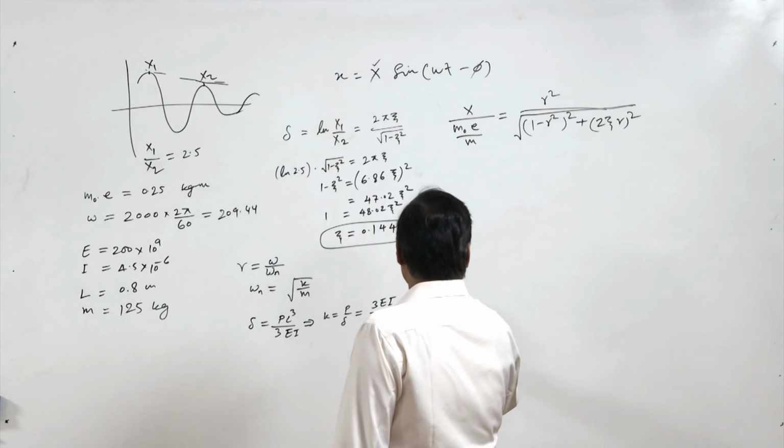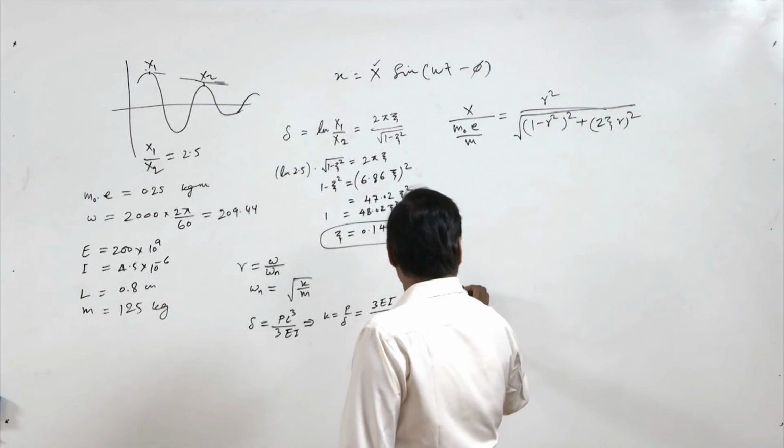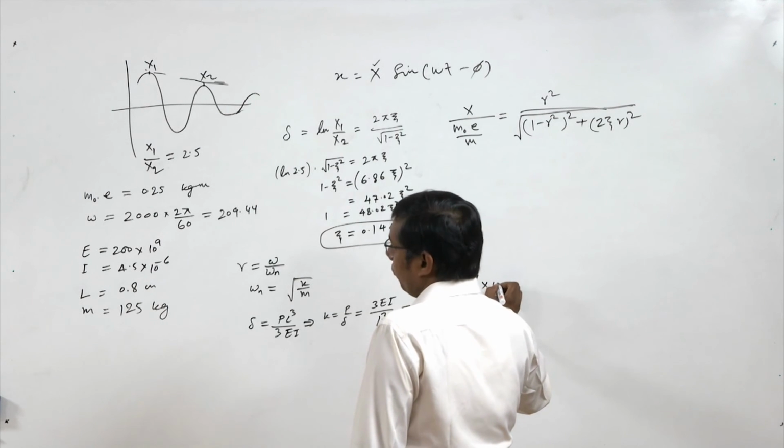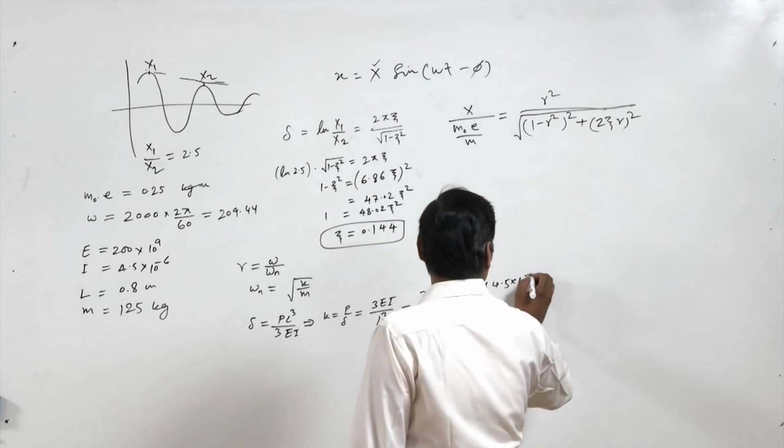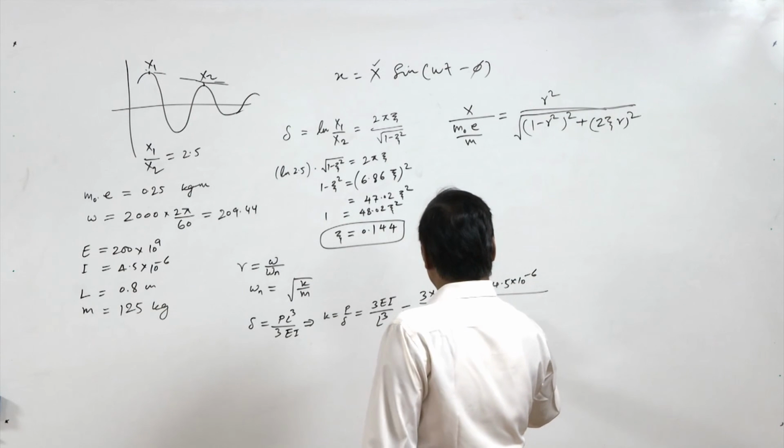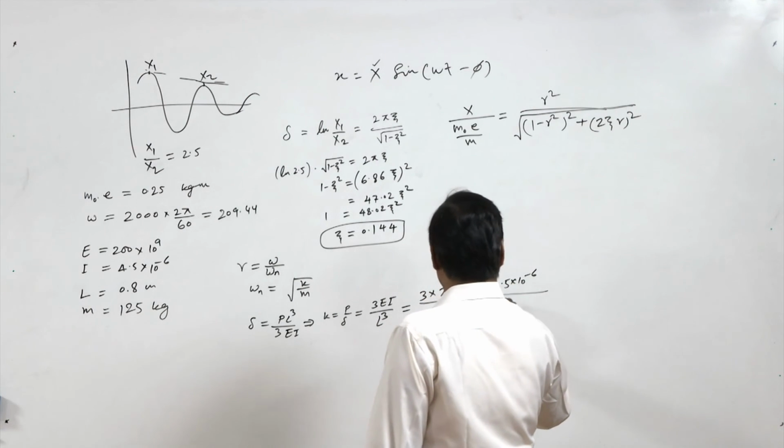So 3 into E, 200 into 10 power 9, times I, 4.5 into 10 power minus 6, divided by L, 0.8 cube.